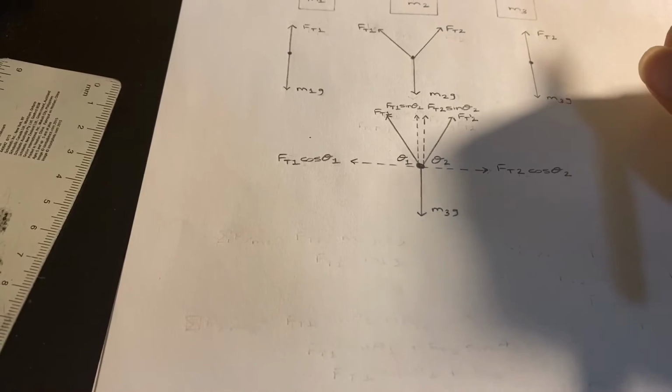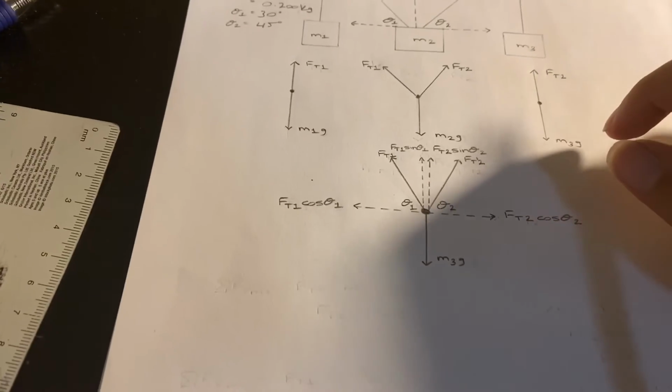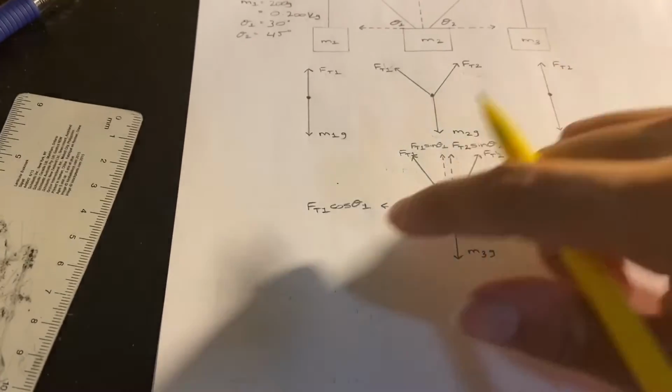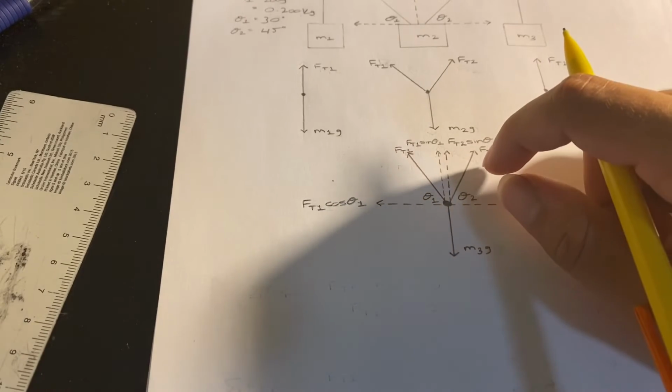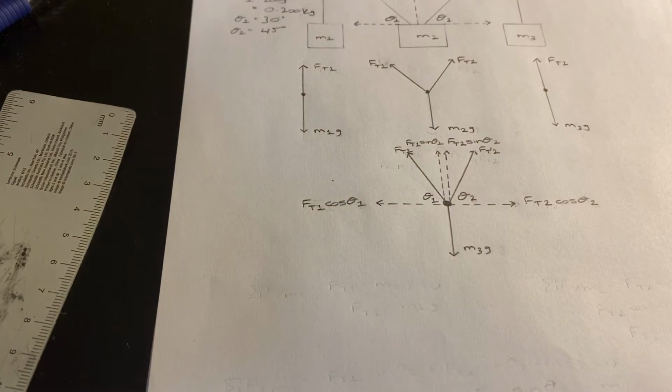We'll start with the equation for our mass 1, and we see that two forces are acting in the y direction, and they are in equilibrium, so they will equal 0.